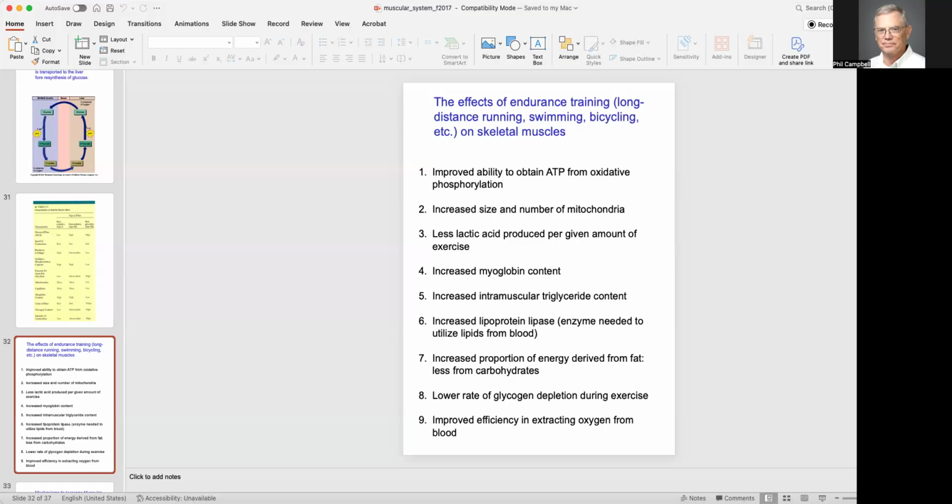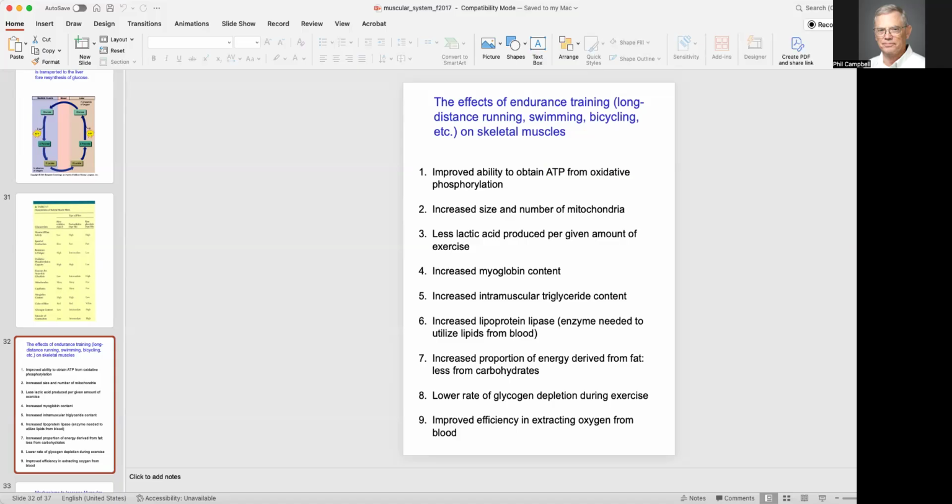That means that in your training, because you have more mitochondria, you have more capacity. That means there's going to be less lactic acid buildup because the pyruvic acid is going into oxidative phosphorylation. It's not building up. Your myoglobin content is going to increase because this is storing more oxygen within those cells.